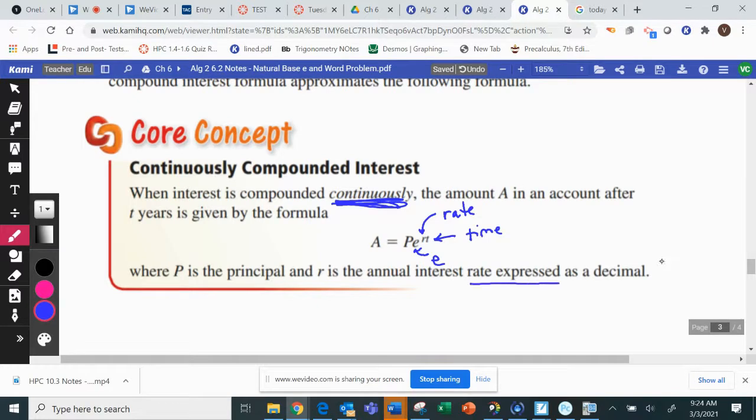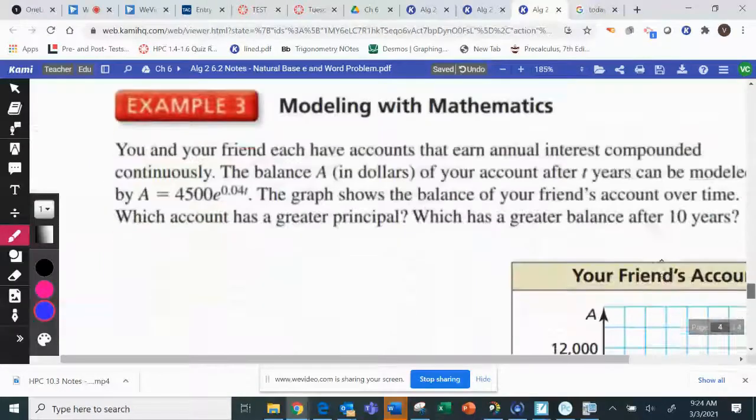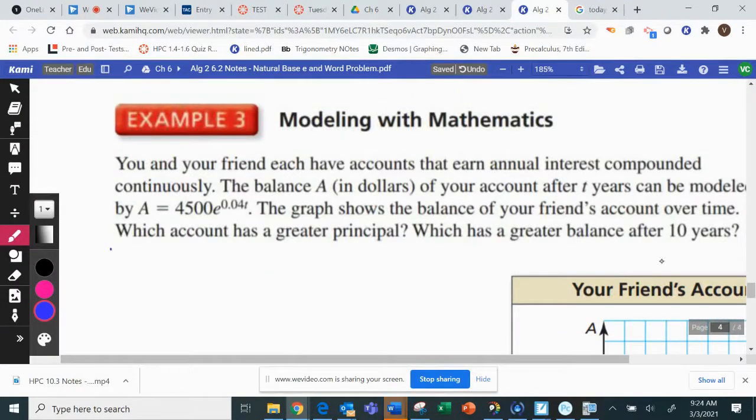Just make sure our interest rate is expressed as a decimal. I'll recopy this formula on this page. It's not P. It's A equals P-E-R-T. PERT.